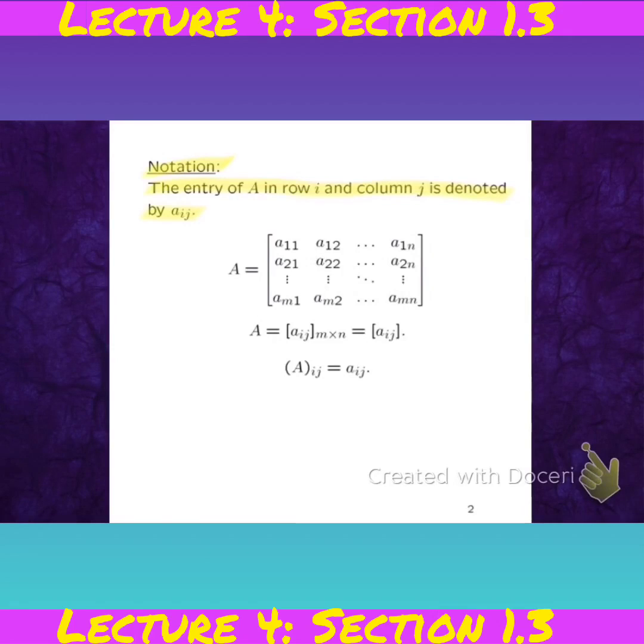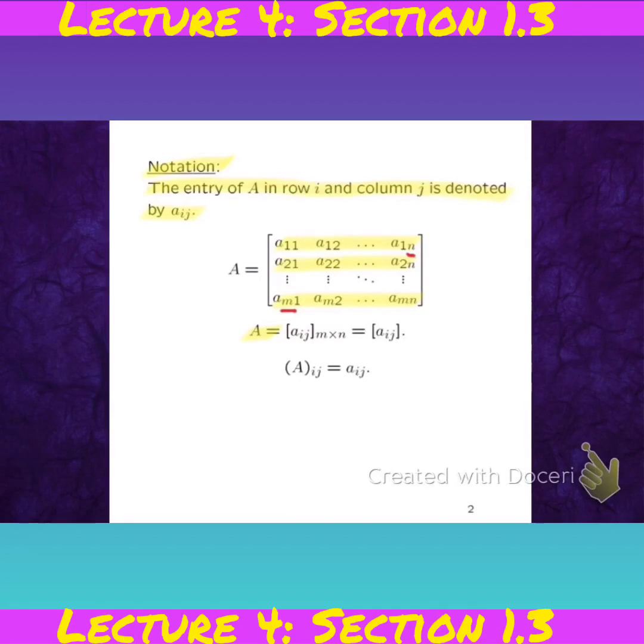We also define the matrix A as illustrated here. This is a matrix A with m rows and n columns. Remember, when you look at the indices, the rows always come first and the columns always come second.